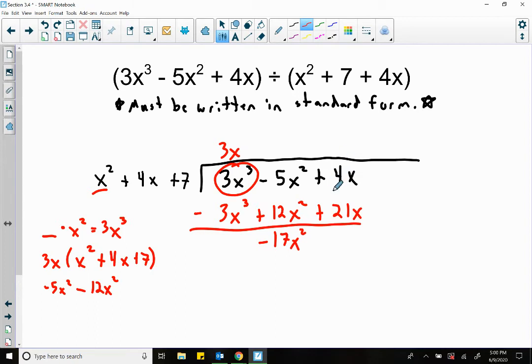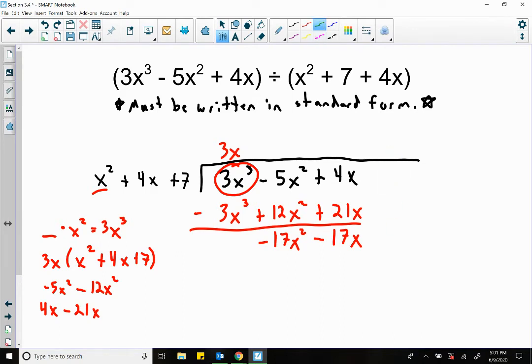And then over here, we've got 4x minus 21x. So 4 minus 21 gives us negative 17x. And now we're ready to repeat because nothing has to trickle on down.